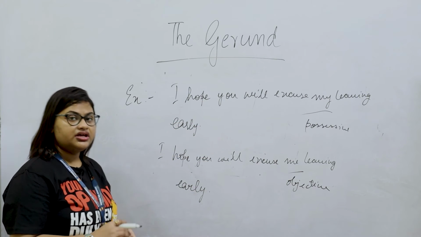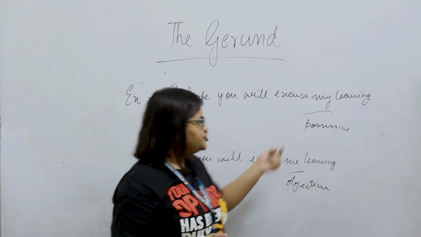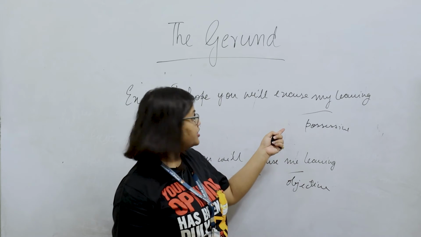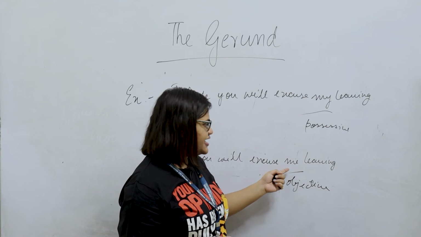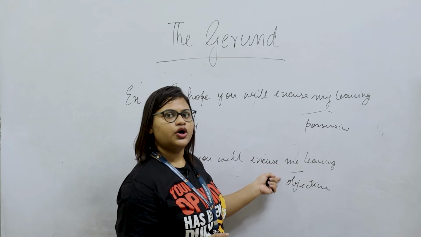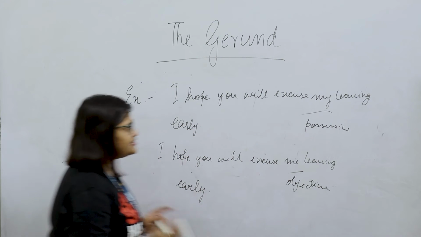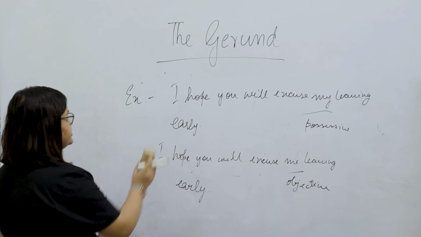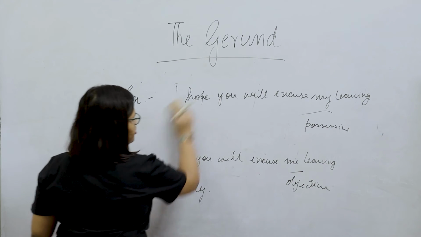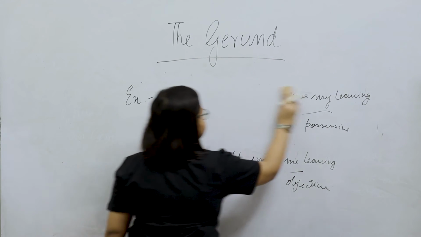However, generally possessives are used when we are trying to appear a lot more formal in the sentences, and this is usually used in our everyday common lives. So we'll see a few more examples where we can use both the possessive as well as the objective forms.